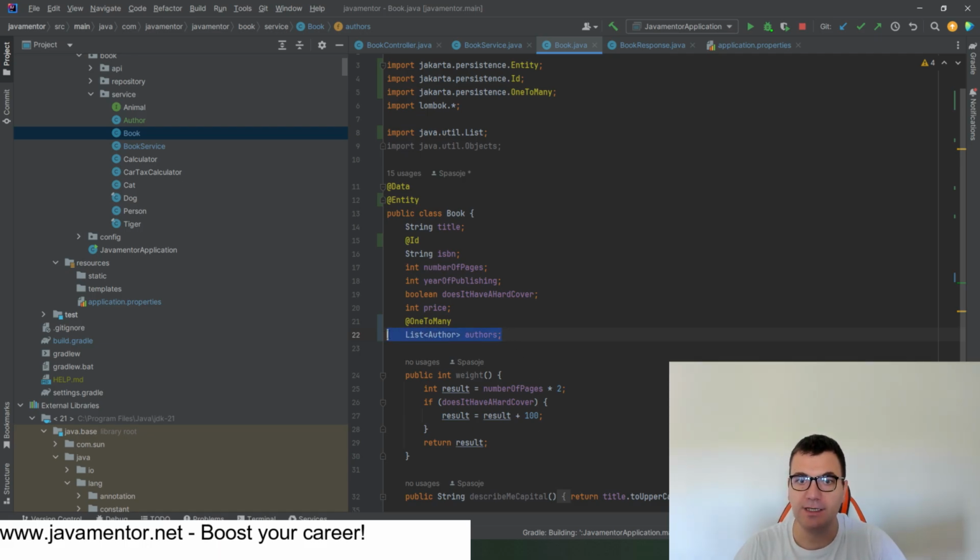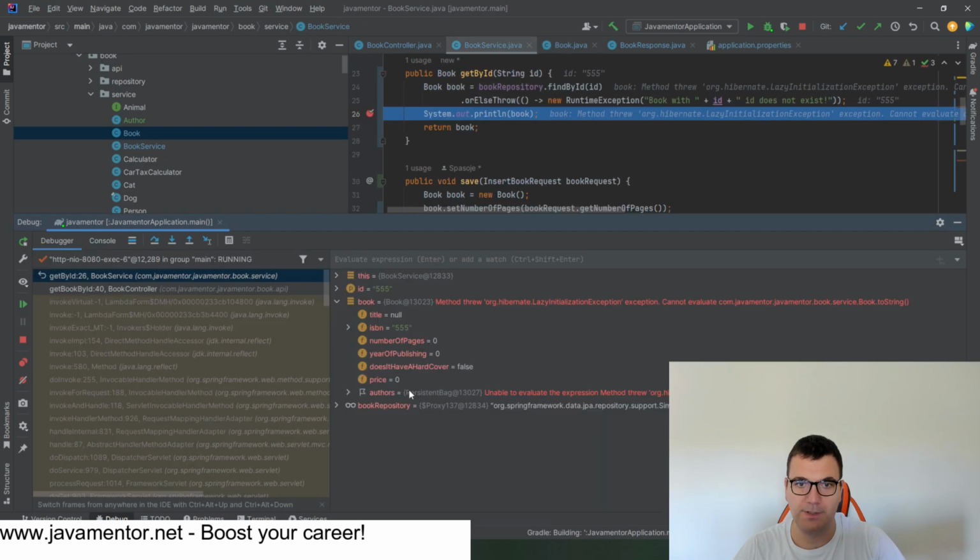So basically here, instead of a real list, we have some persistent bag. That's some implementation of the list of the JPA, and that persistent bag is the implementation of the proxy pattern. So when we try to fetch this persistent bag, JPA first checks if authors are already present inside that persistent bag. If not, then it tries to fire an SQL query to the database.